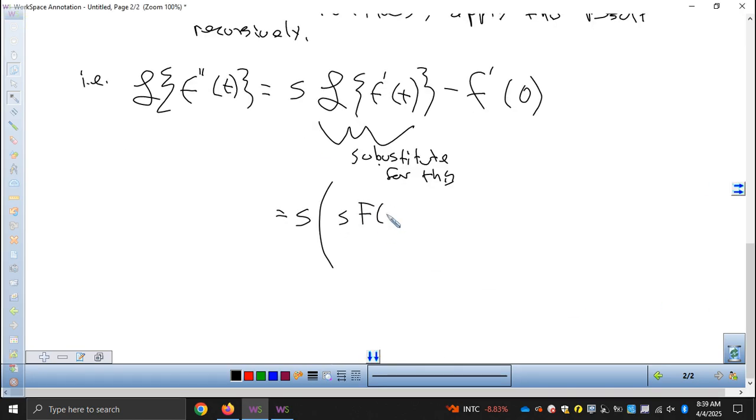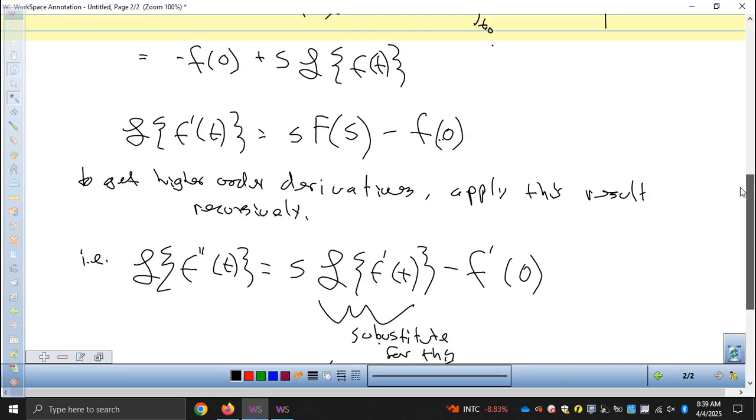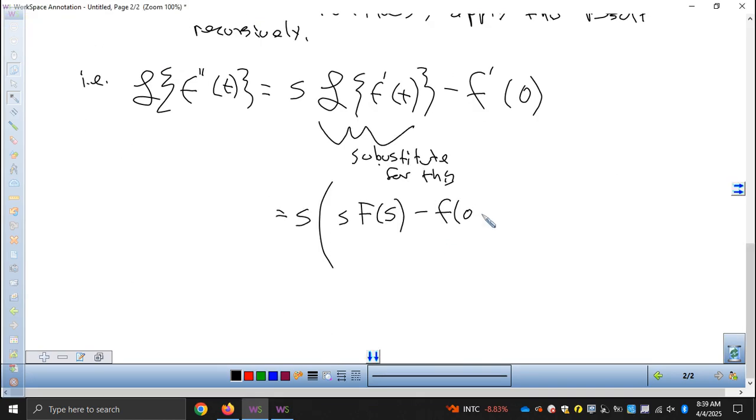s F of s minus f of 0, minus f prime of 0. And we get s squared F of s minus s f of 0 minus f prime of 0 for the transform of our second derivative.